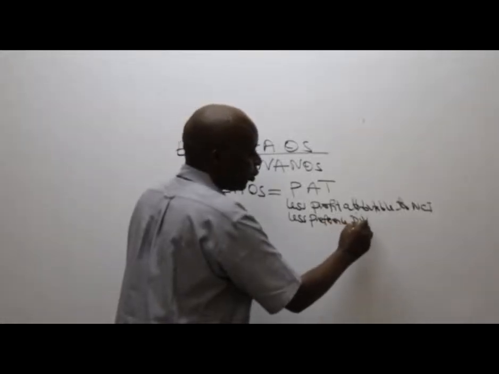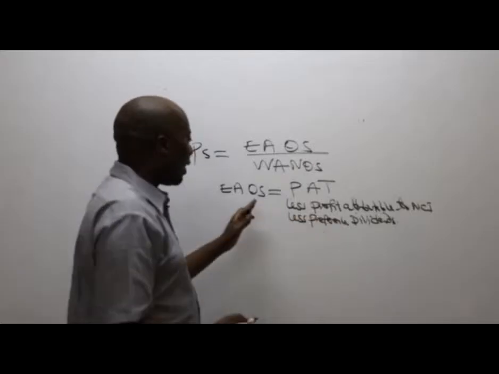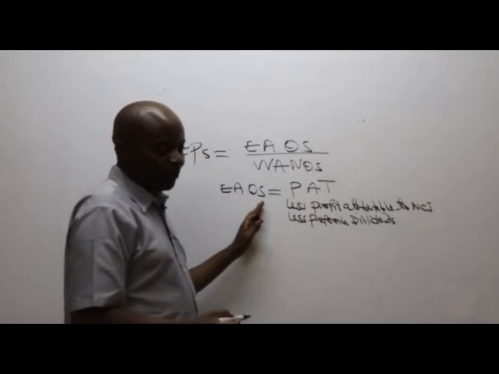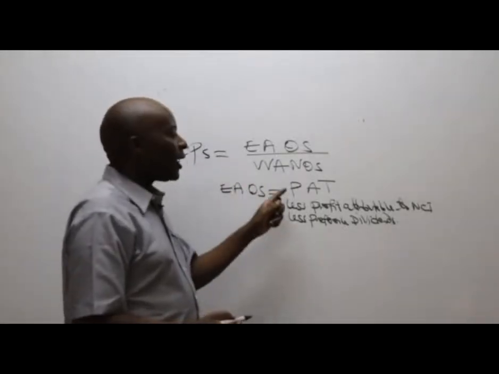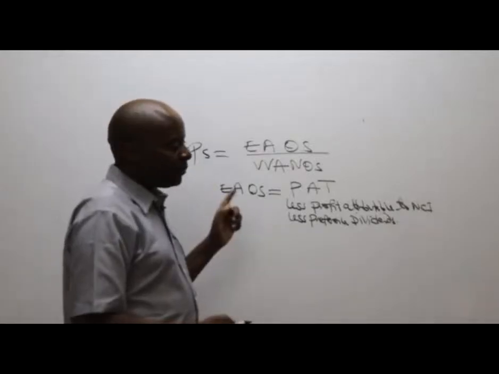Very important for us to get used to this. This is how we calculate our earnings attributable to ordinary shareholders. So you take the profit after tax that has been reported.